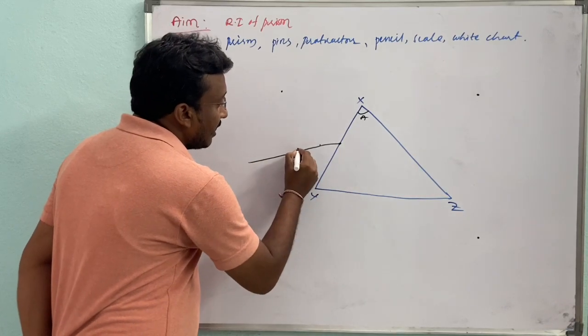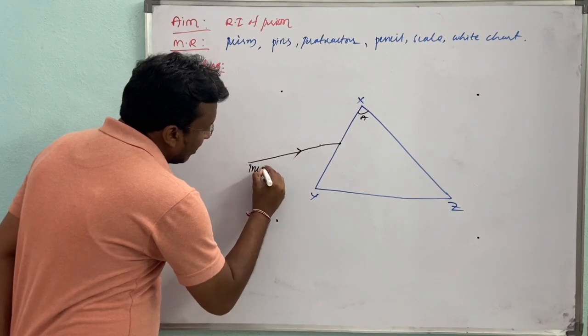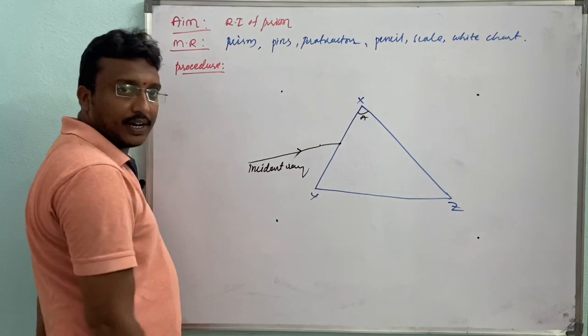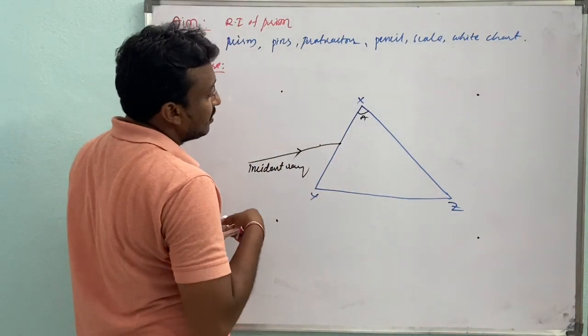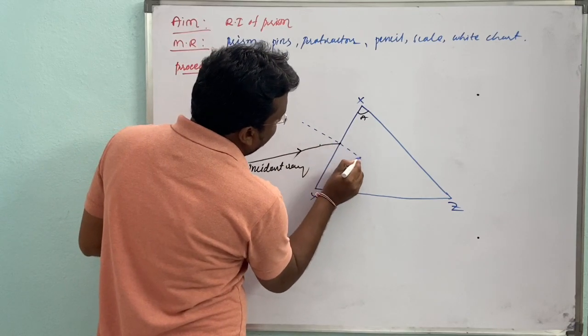Then this ray acts as the incident ray. Got it? Then here draw the normal at the point of incidence.